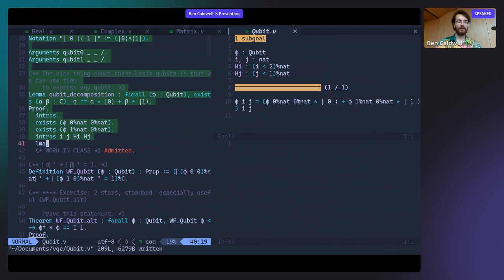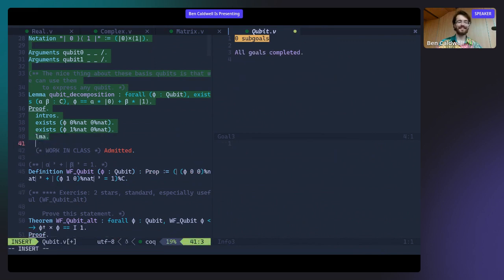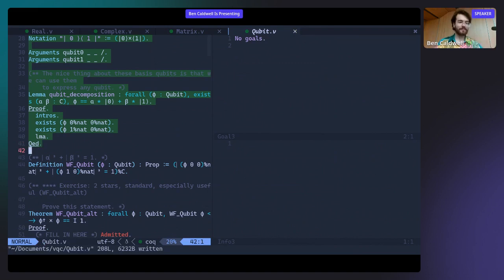And now we can do this introduction and try to automate it now. lma, that's worth a shot. Right, so by knowing what these are already, we then just can use lma, and it can solve that equation for us.